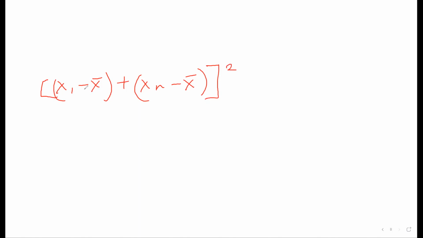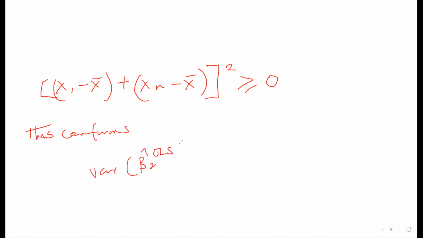So it's very easy to see now that this will go to 0. It goes to 0. So this now confirms for us that the variance of the OLS beta, given x, is actually less than the variance of the beta 2 theta given x. So now this is proved.